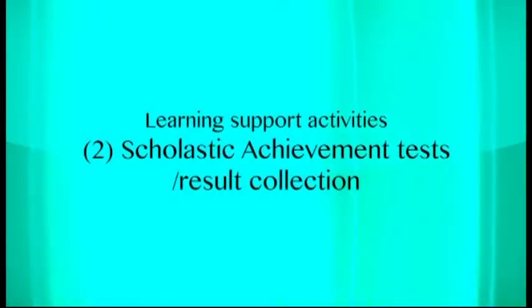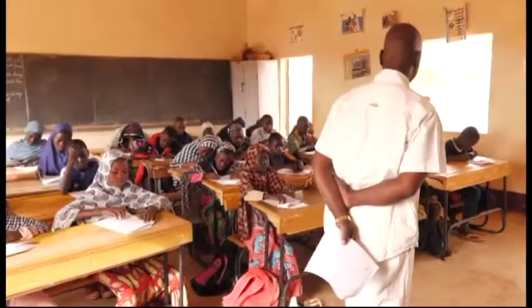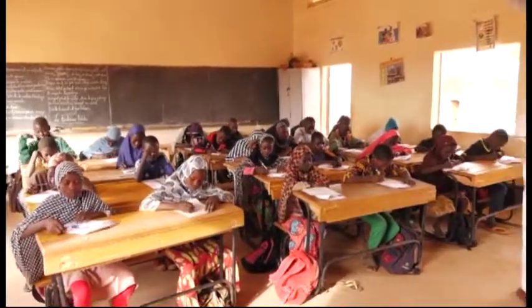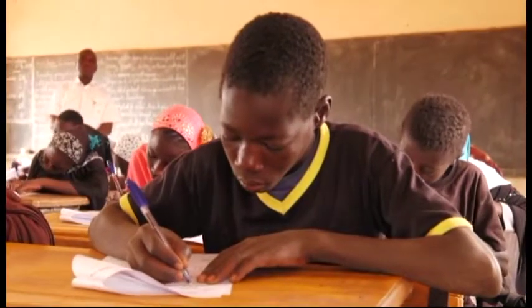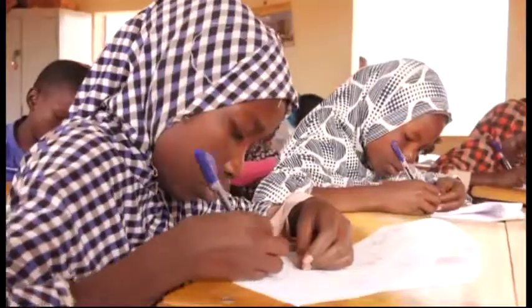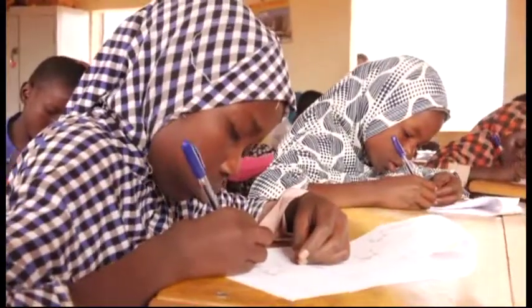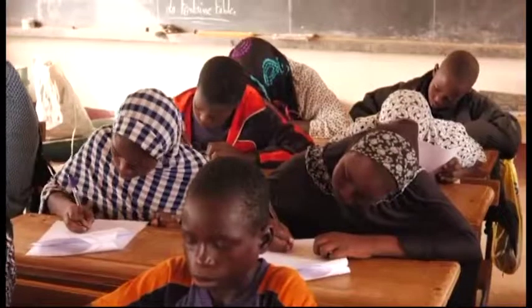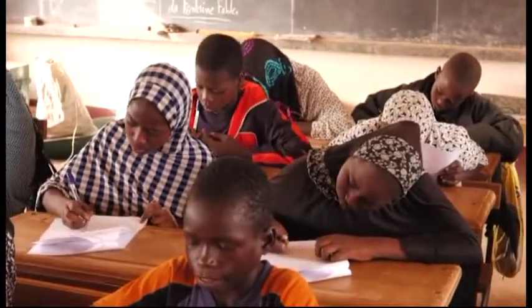2. Scholastic achievement tests, result collection. Next is Scholastic Achievement Tests, which are the starting point for the plan. This is a tool which points out the problems with each child's scholastic achievement, so that those problems can be shared with parents and community.